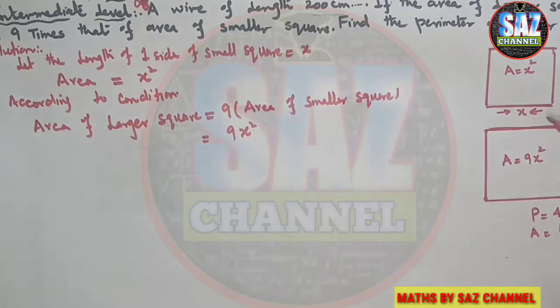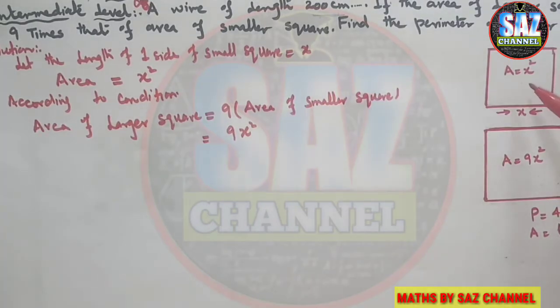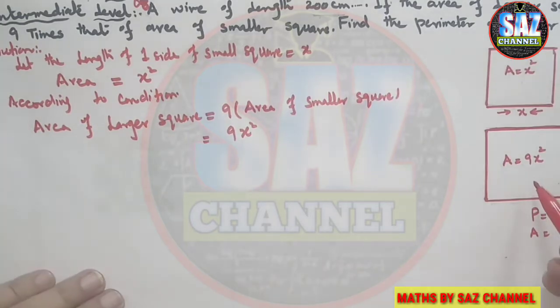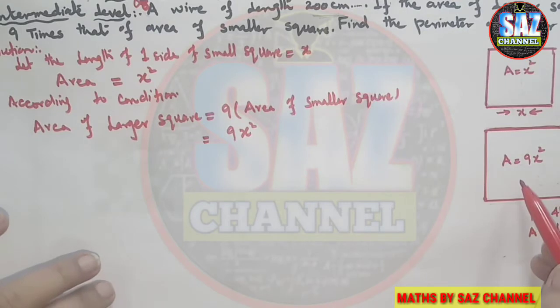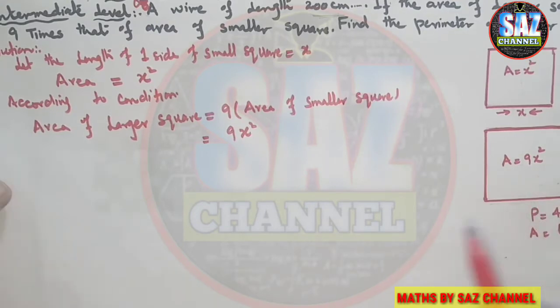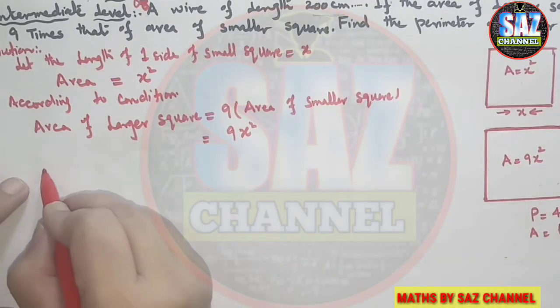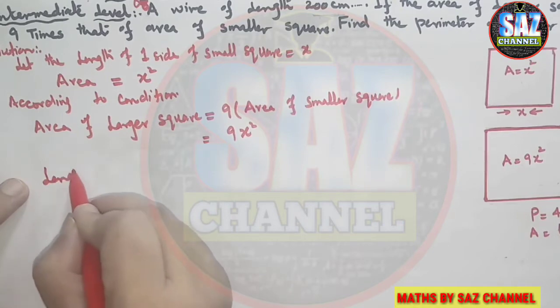Now we have the expression for the area of small square, that is x square, and area of large square, that is 9x square. With the help of this area, I can find the length of one side of this larger square.